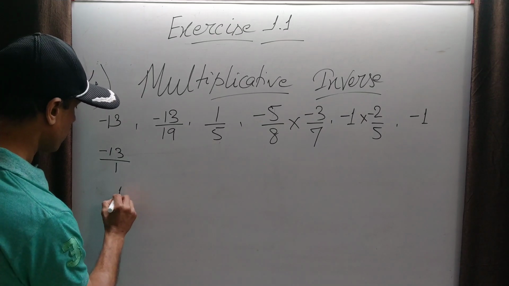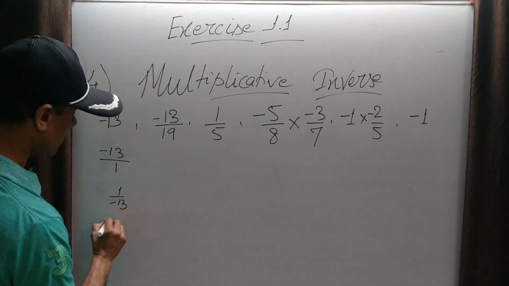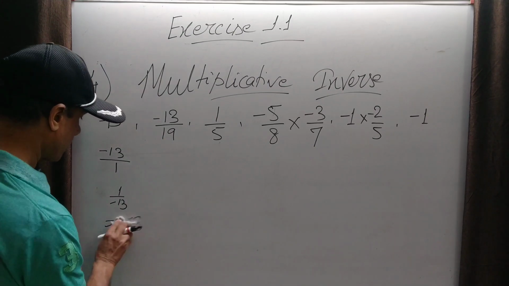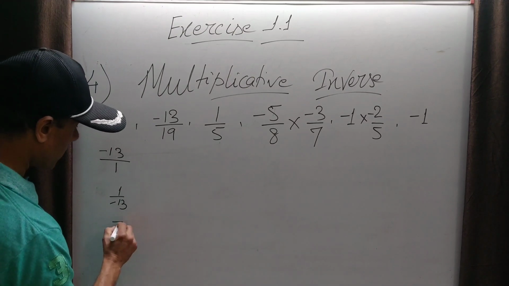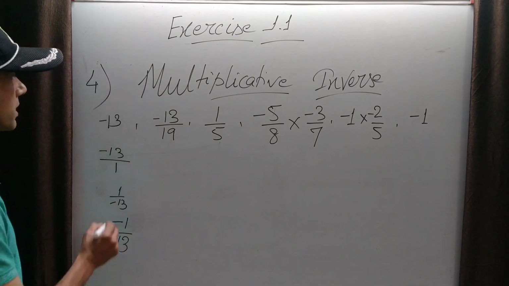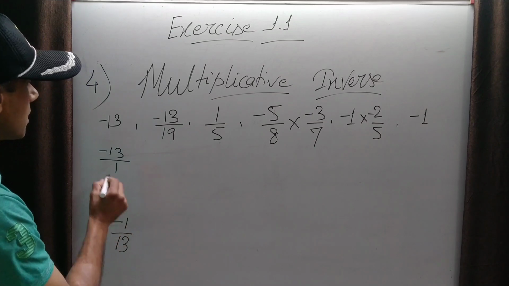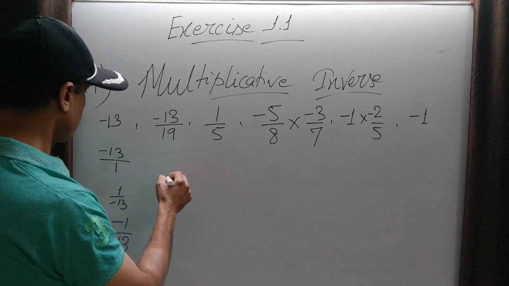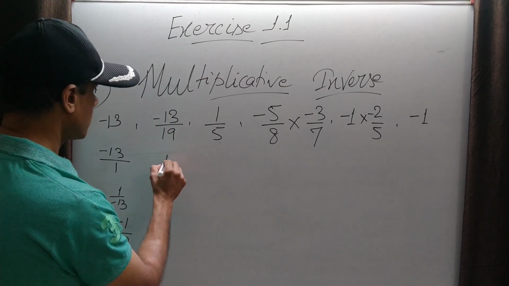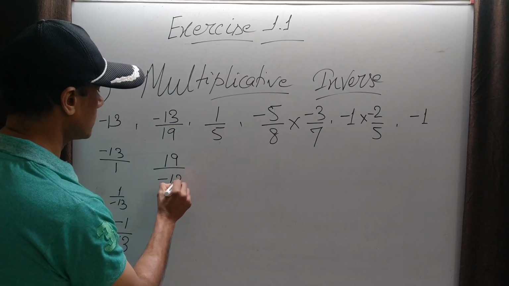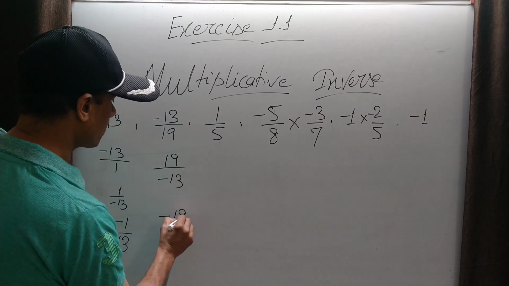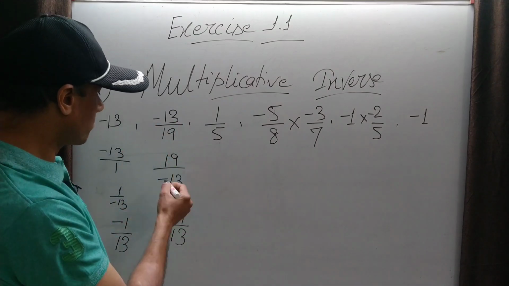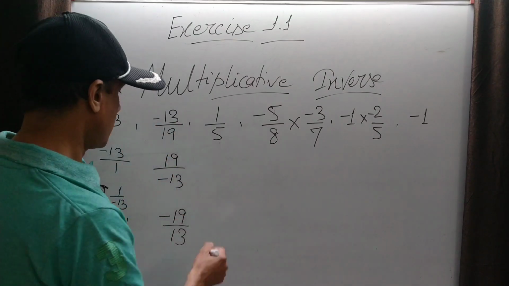How do we write it? 1 by minus 13, which equals minus 1 by 13. So the multiplicative inverse of minus 13 is minus 1 by 13. Correct? Similarly, you just write it upside down. So this is 19 by minus 13 or minus 19 by 13. So the multiplicative inverse of minus 13 by 19 is minus 19 by 13.